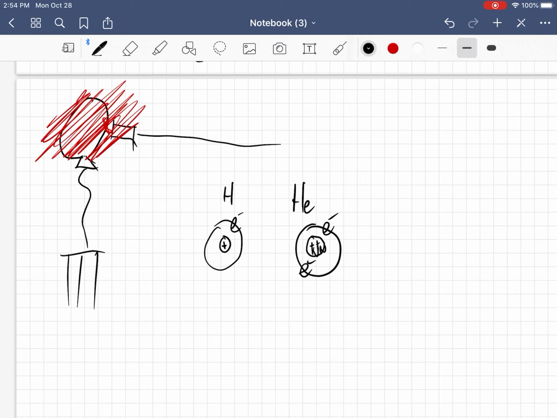Okay. So in essence, we could take something like oxygen, which has 8 protons, and we can make hydrogen into gold, hypothetically speaking.